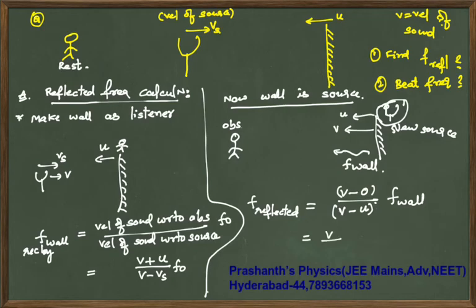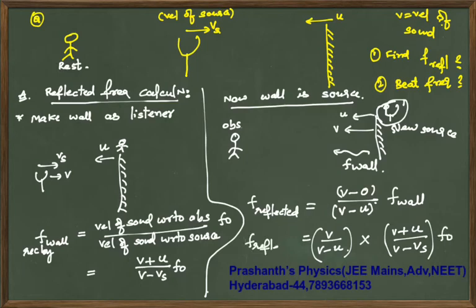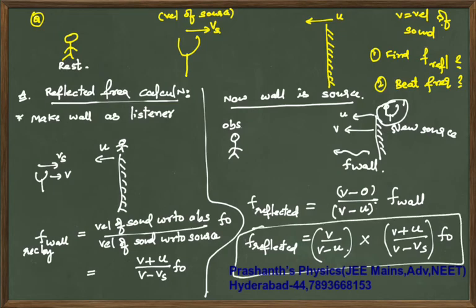So your final answer is v minus u times v plus u by v minus vs into f naught. So your final reflected frequency is this much. Hope you have understood the question in detail and there are no doubts.